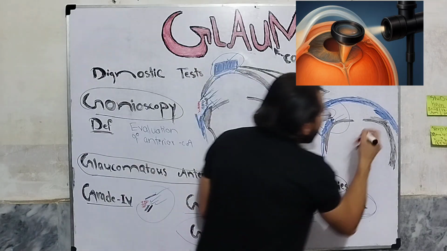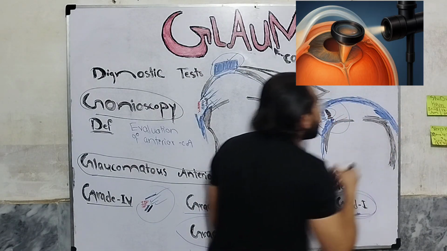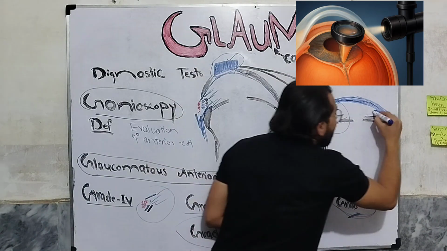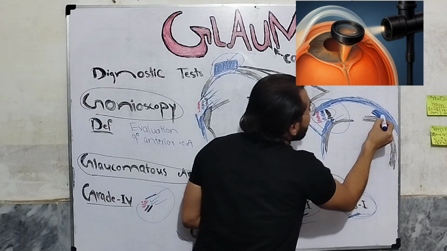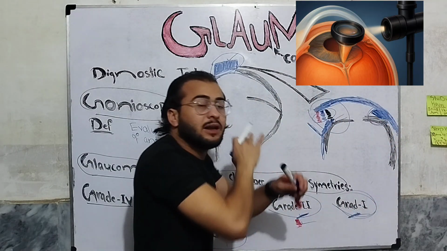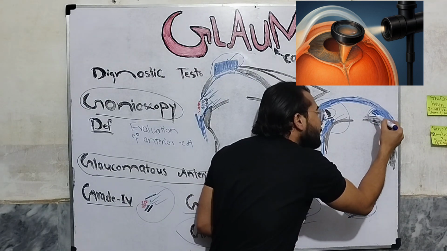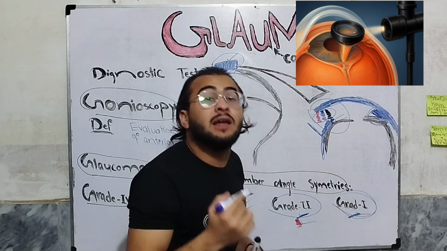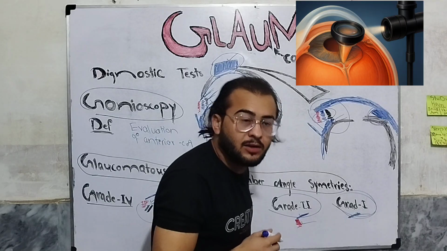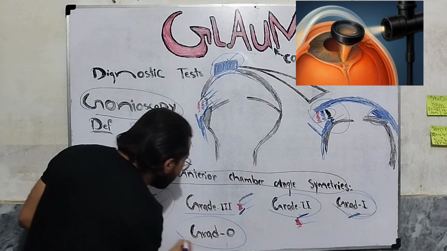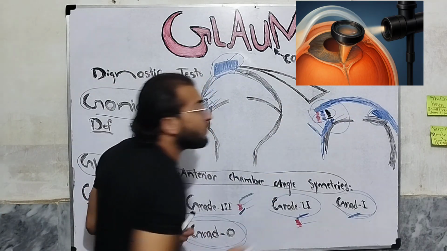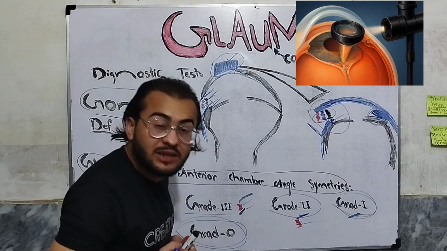This adhesion between the peripheral iris and the peripheral cornea closes up the entire interior chamber angle completely, and it is called anterior synechia. So in grade 0, we have the complete closure of the angle and the anterior synechia.